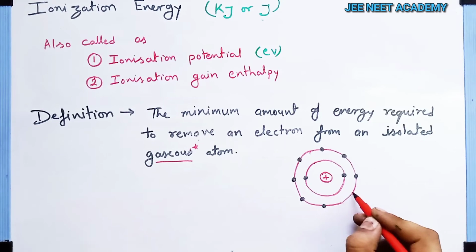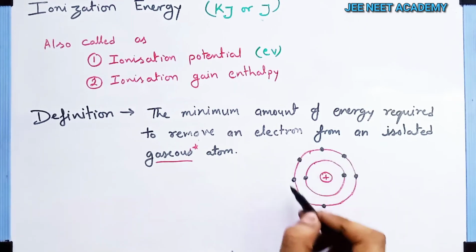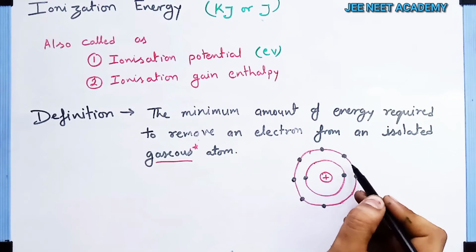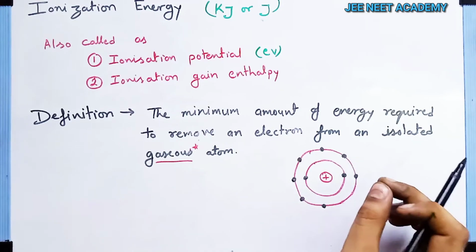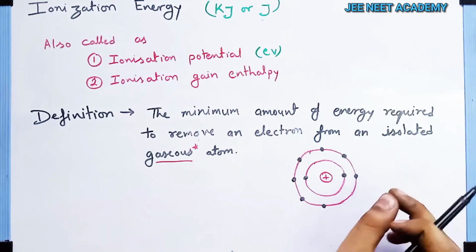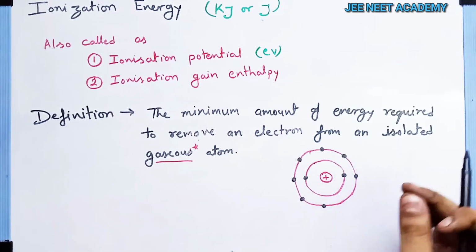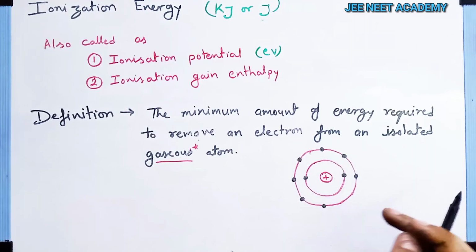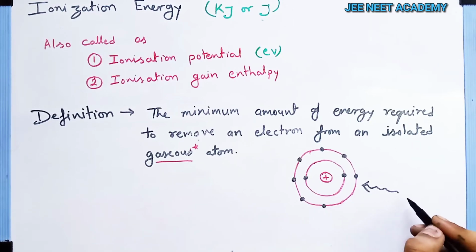Now if this atom is in the gaseous state and we want to remove one electron, for that we have to give some energy to this atom so that it removes one electron from its outermost orbit. That energy is called ionization energy.